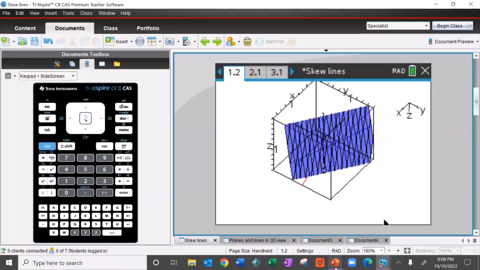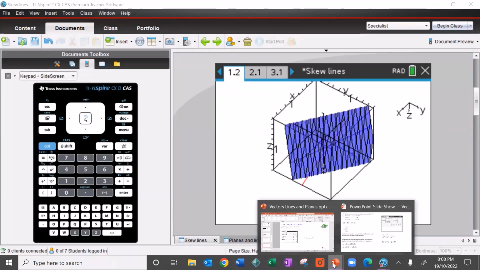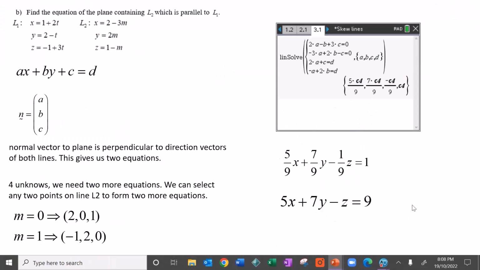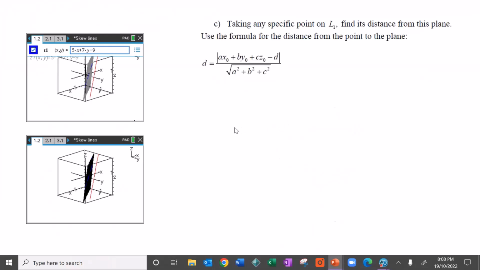So that is this part of the investigation. So we got the line and we can try to sketch it on a calculator showing that the blue line is in the plane and the red line is parallel to this line.